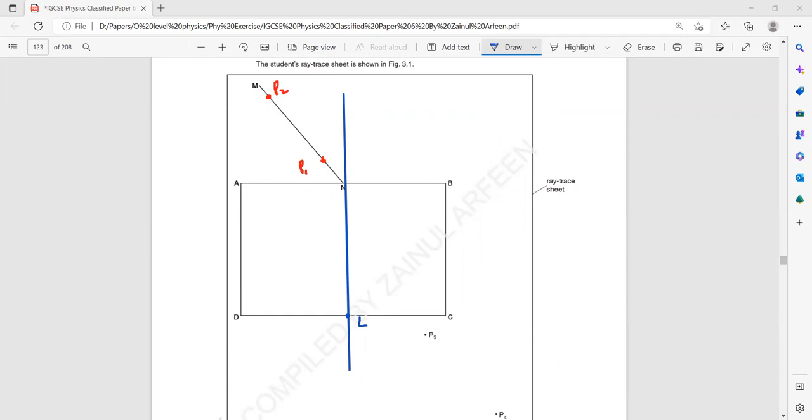That is the separation between the two pins. You can take anywhere, even next to this point, but on the line, the positions of the pins, that is P1 and P2.